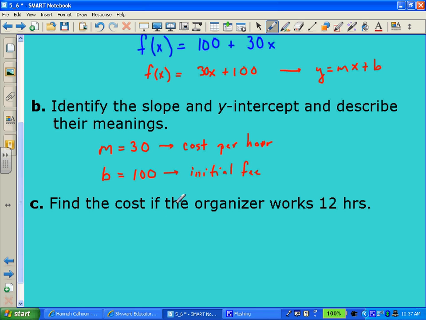to find the cost or find whatever you're looking for at a certain value. So find the cost if the organizer works for 12 hours. So that means, what if x is 12? Well, I'd have 30 times 12 plus 100.